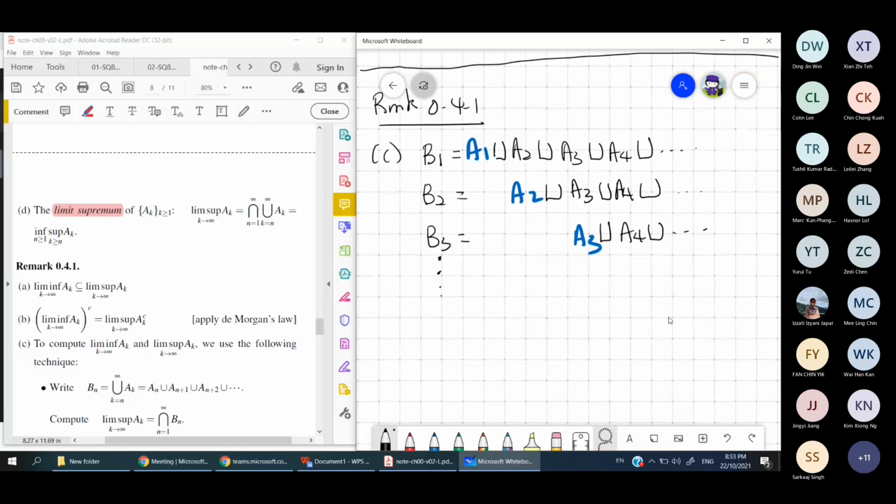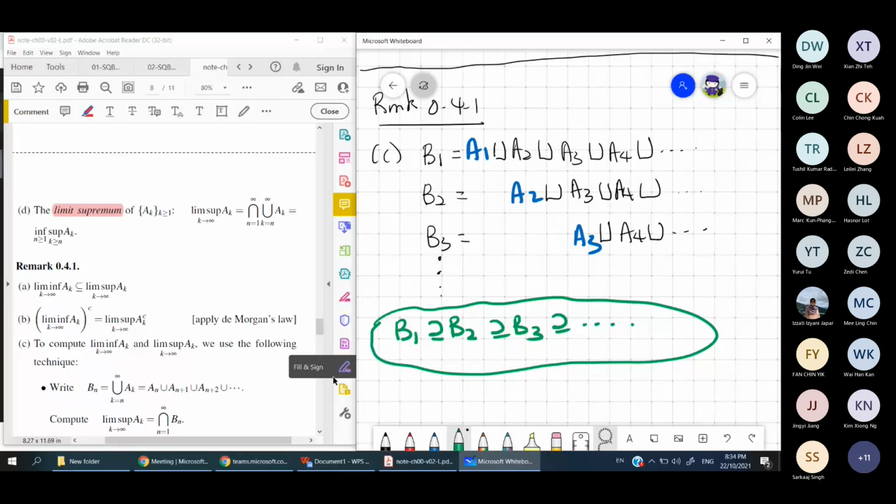From here, you can get these simple properties. You can see here, B1 is bigger than B2, right? Because we have an extra A1 here, and B3 must be a subset of B2 because we have an extra A2 and so on. So this is the behavior of B.